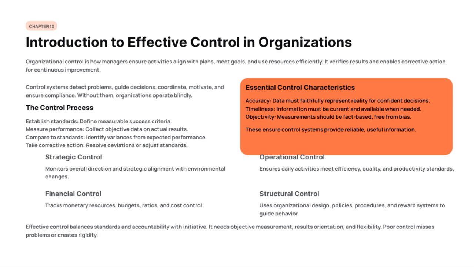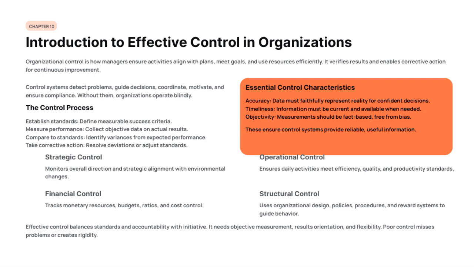Structural control, for example, involves tracking monetary resources, budgets, ratios, and managing costs effectively. Financial control focuses on daily activities, making sure they meet standards for efficiency, quality, and productivity. Operational control keeps an eye on the ongoing activities to ensure they operate smoothly and meet performance standards.